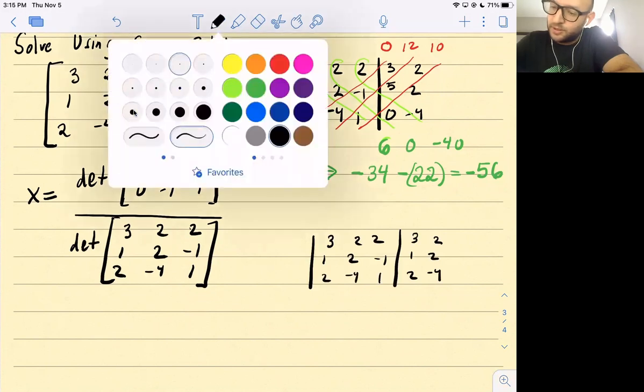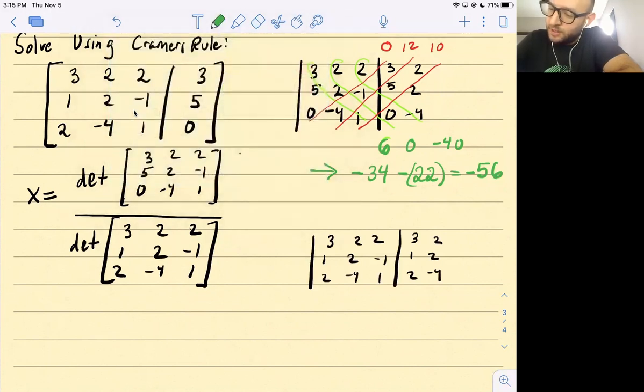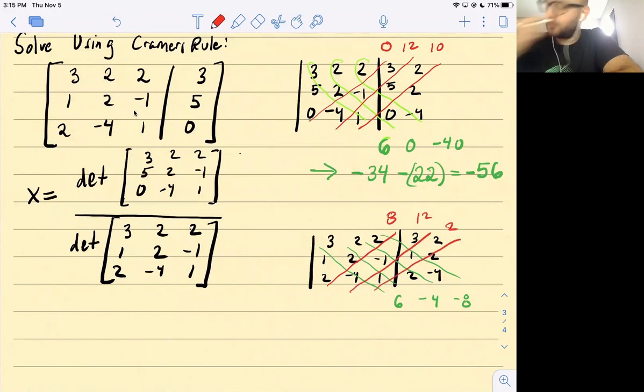Okay, let's do these guys. This is 6 minus 4 minus 8. And the red one is going to be 8, 12, and 2.